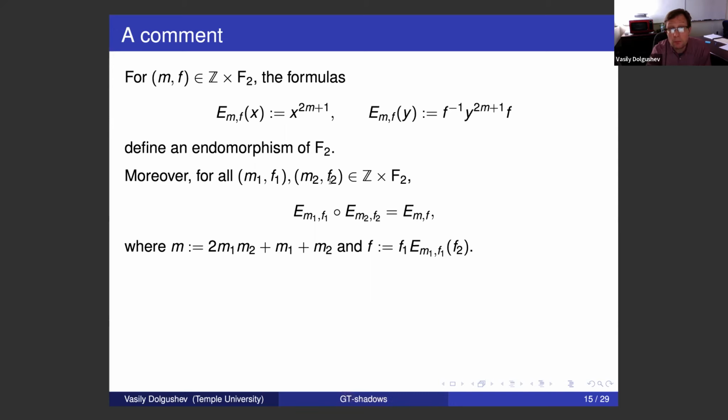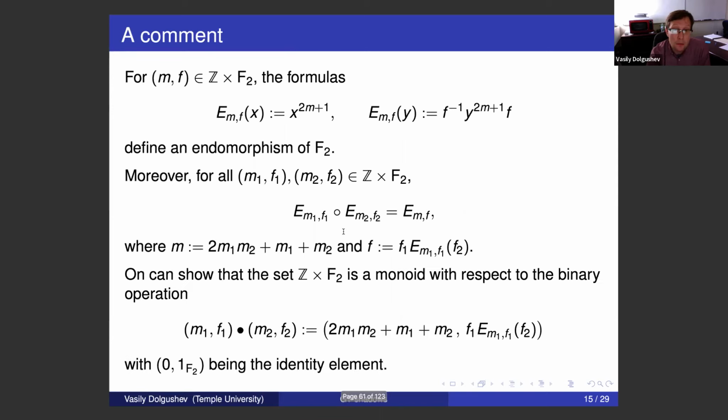And for a pair like this, we have this property. One can show that Z cross F2 is a monoid with respect to this binary operation, and (0,1) is the identity element of this monoid.